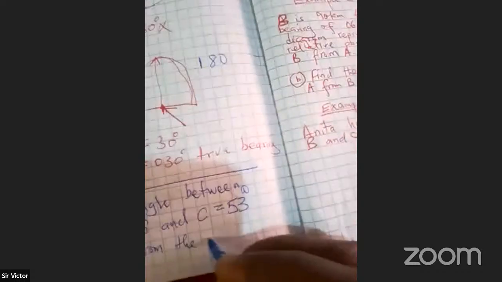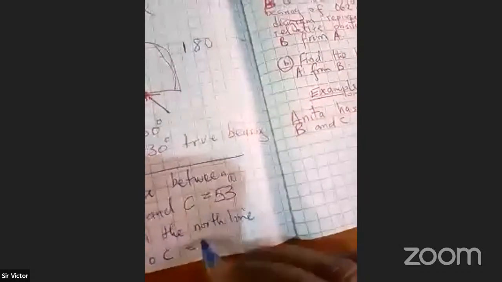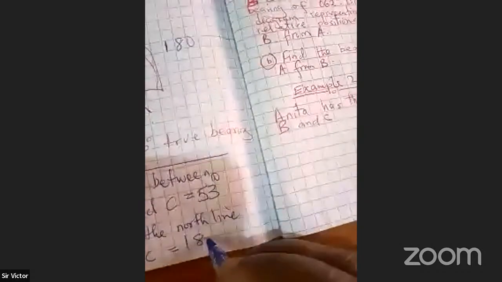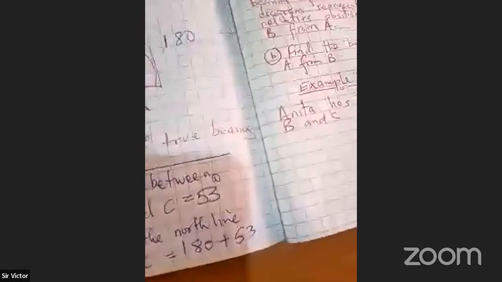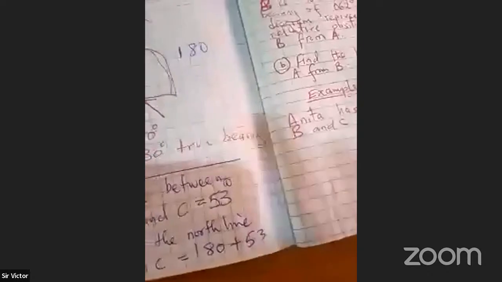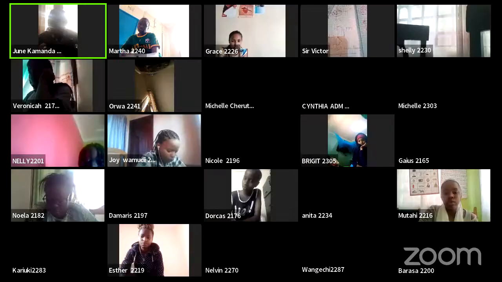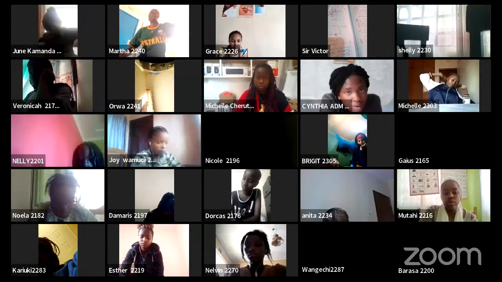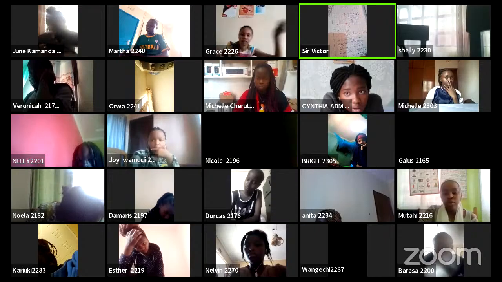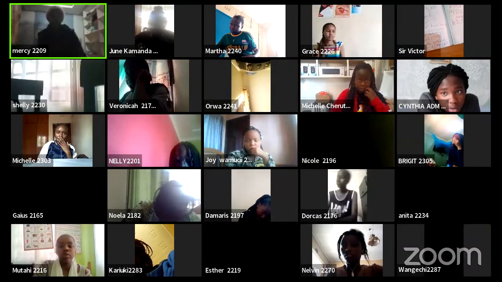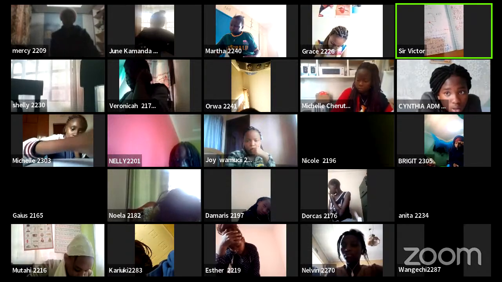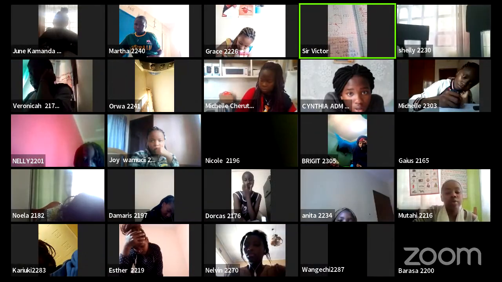Therefore, the total angle from the north line to C, we are going to have the 180 we had found plus that 53 degrees. That gives you, class, 180 plus 53 gives how many degrees? 233. Good. That gives you 233 degrees. So that is basically what we are going to focus on.